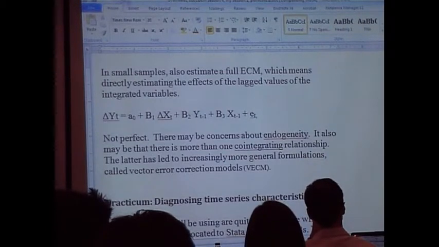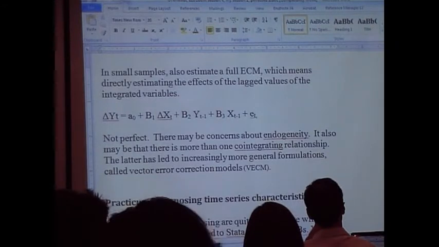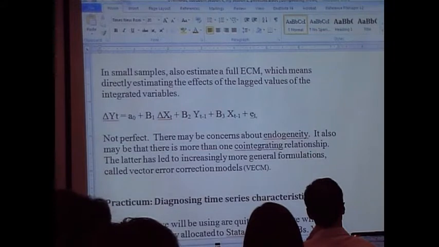Like right sign, everything's working together, but you're getting a t of like 1.6, 1.7, and you do it this way, and you cross the threshold. You get really nice t's. It's because that other approach is trying to force the effect of x and y to be where it's really not in a short time.